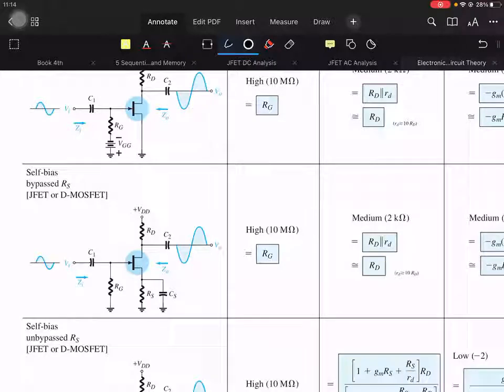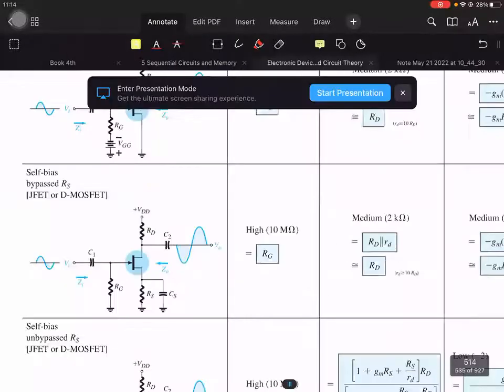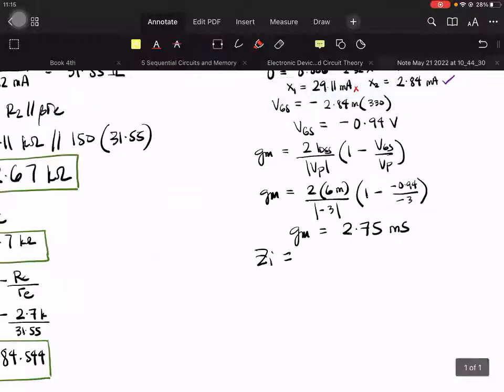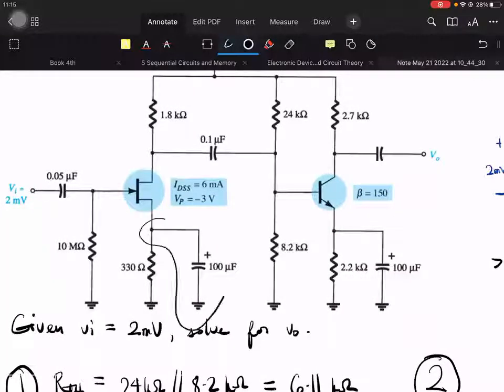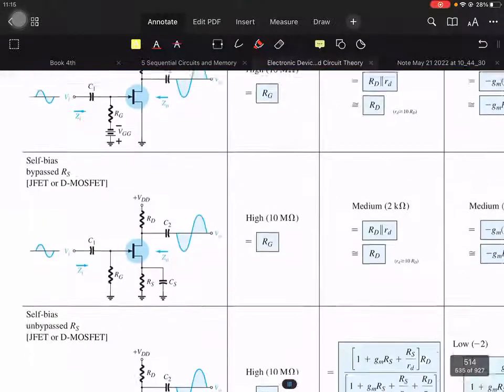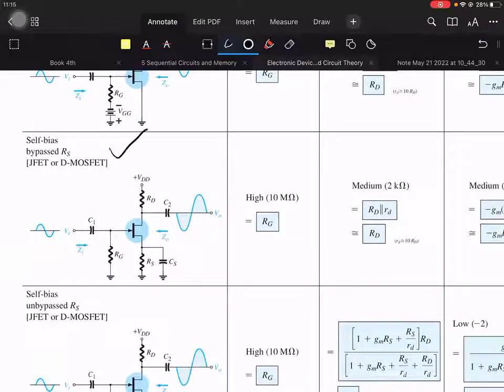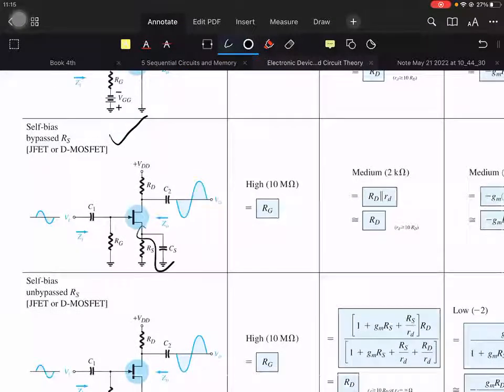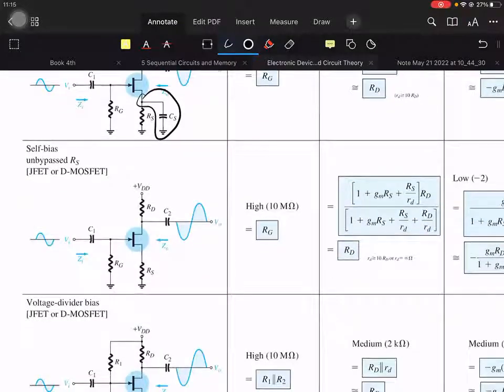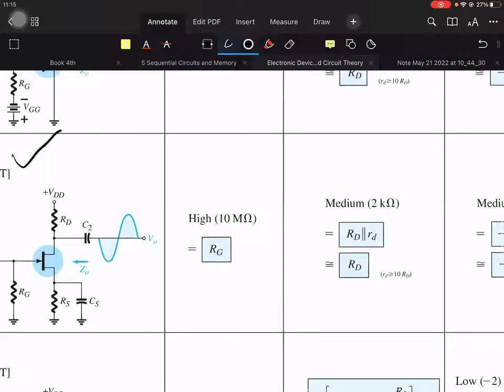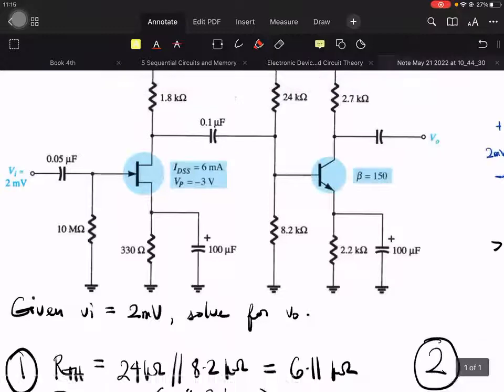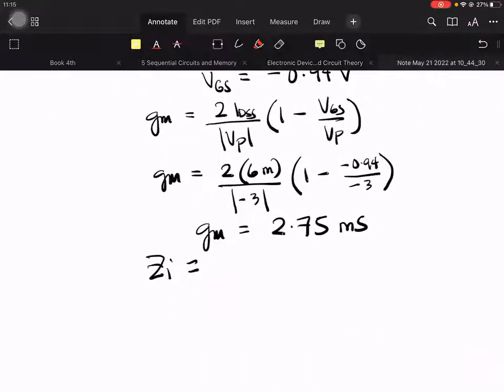There is a given capacitor. Here it is unbypassed, so ZI is just equal to RG.